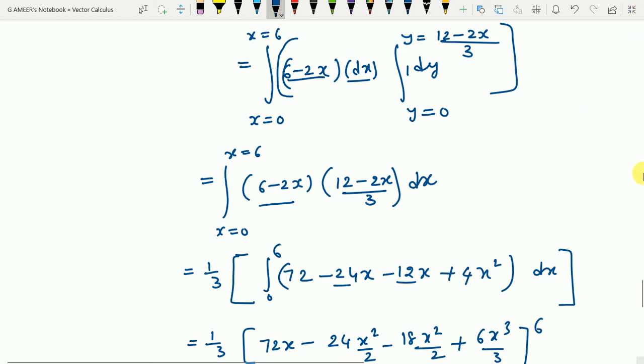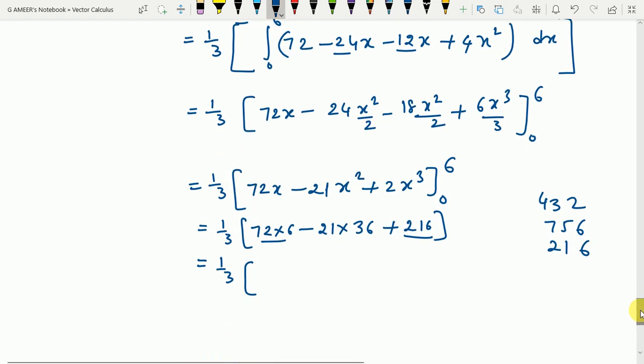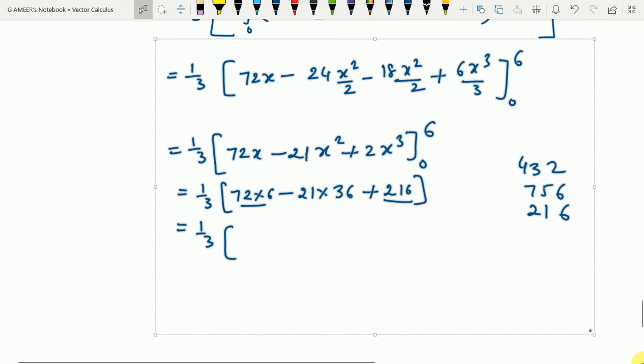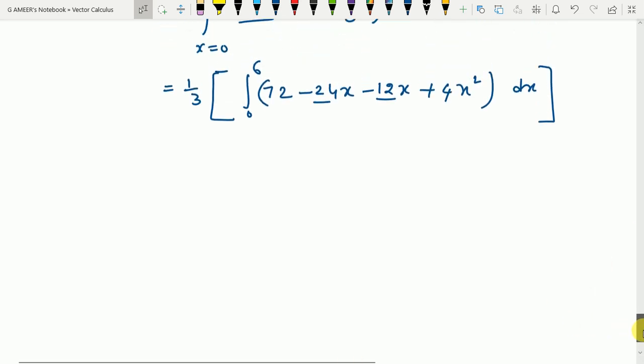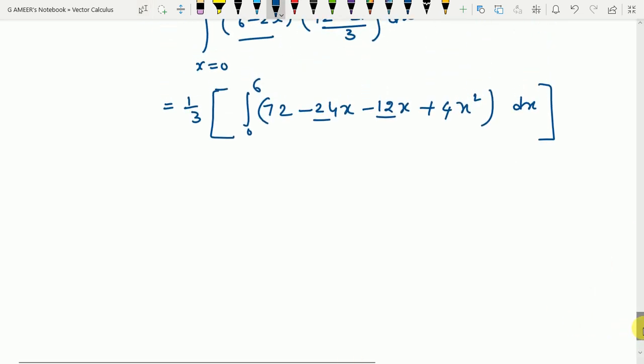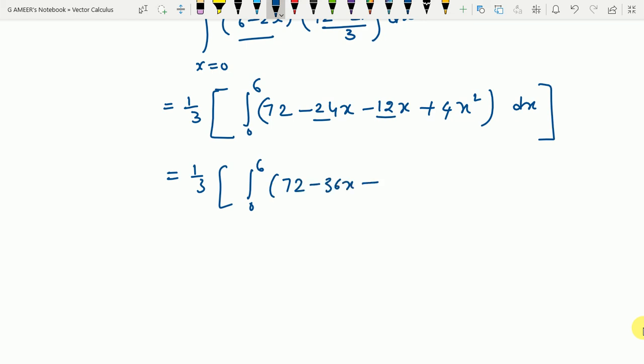So now see, a small mistake has arisen, and we need to simplify again. Let me erase all this at a time. So when I simplify further, that is equal to 1/3 into integration of 0 to 6, 72 minus 36x plus 4x square into dx.